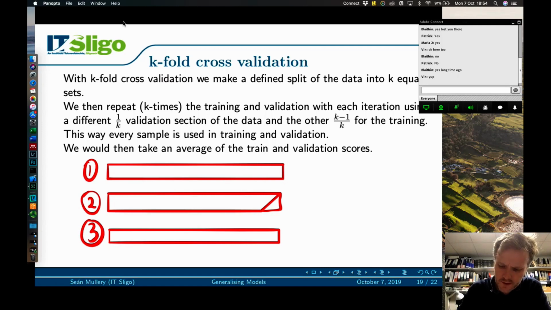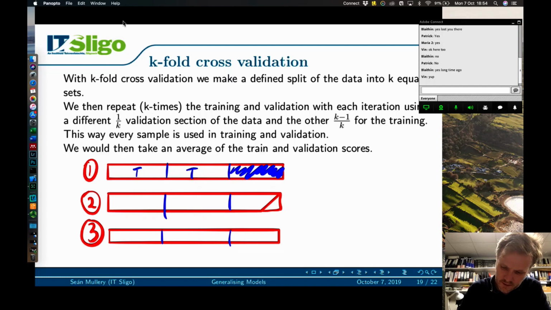What we would do is split each into thirds, 2/3 there and there, and there and there. We would set this set here to validation, and write the others as train.